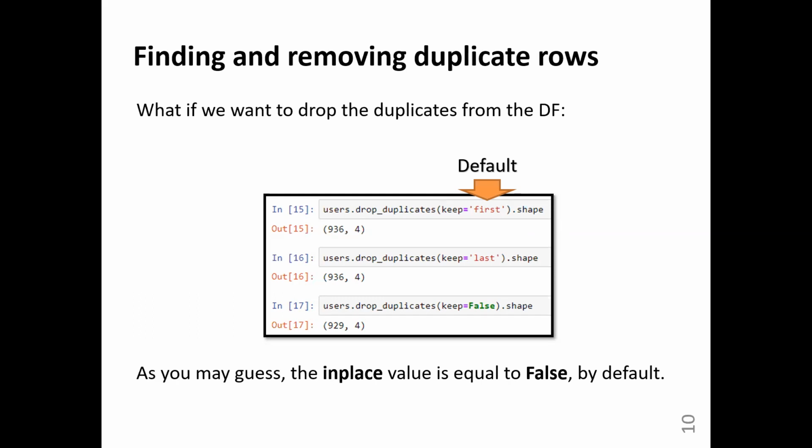I'm happy that I didn't delete those, because if you check the shape after this command, it's going to show you the same 943 minus 7, which is 936. And if you say keep equal to False, it's going to be 943 minus 14, which is going to make 929. Does that make sense?